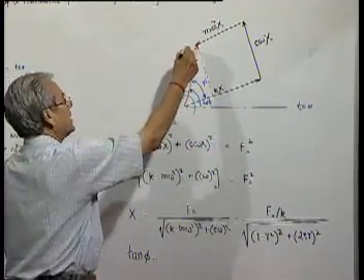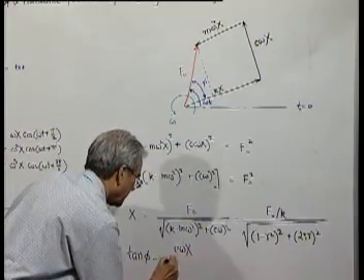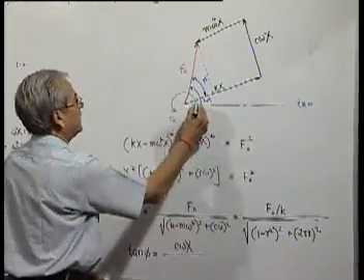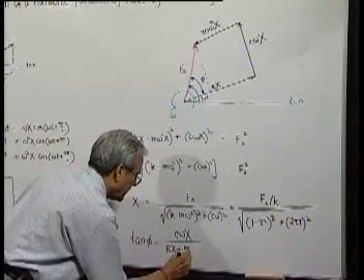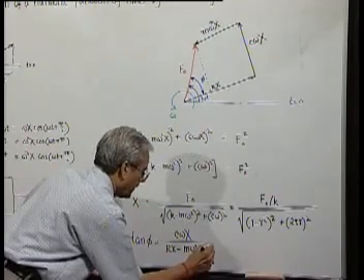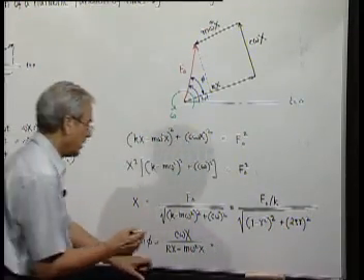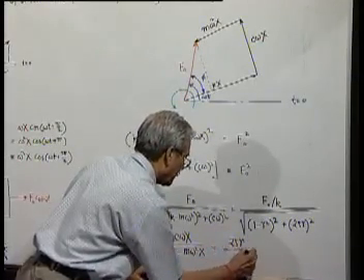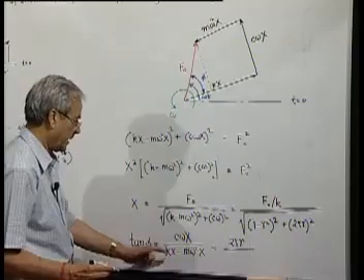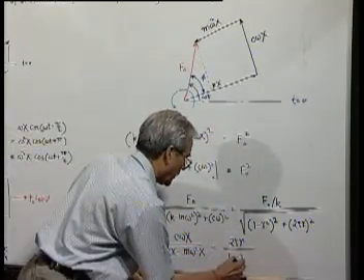It is obviously nothing, tan phi is nothing but c omega x by kx minus m omega square x, and if you cancel x from numerator and denominator and divide both by k, c omega by k is nothing but 2 zeta r, k by k is 1 and m omega square by k is nothing but r square.